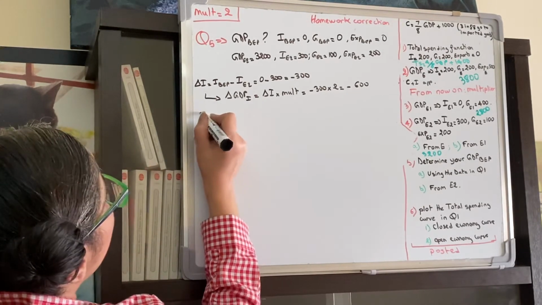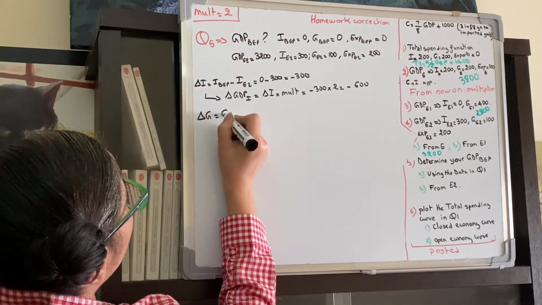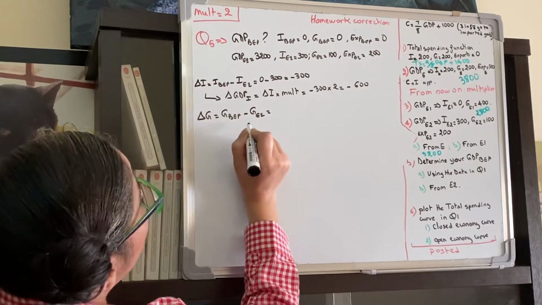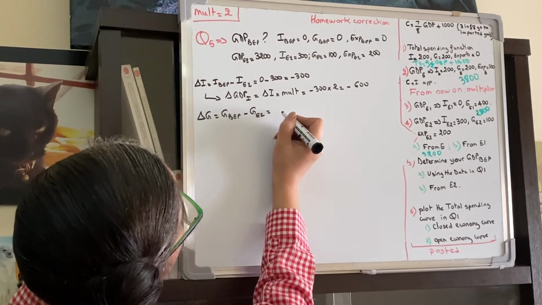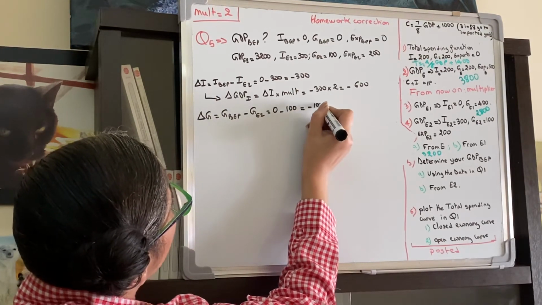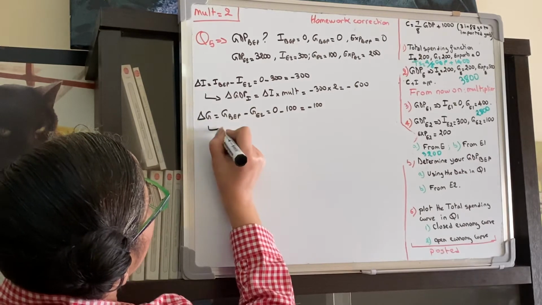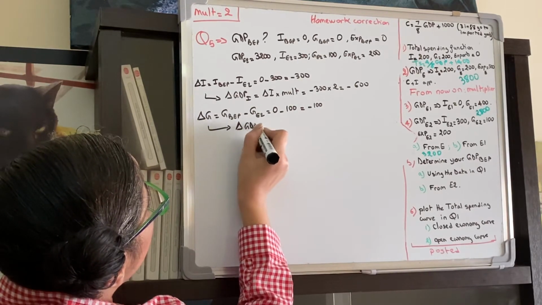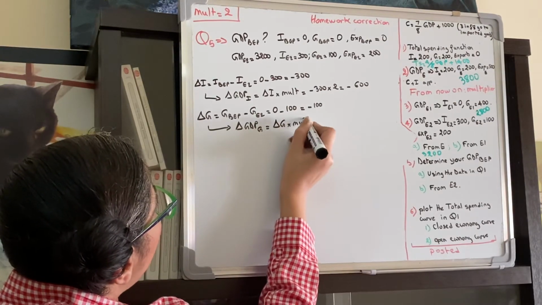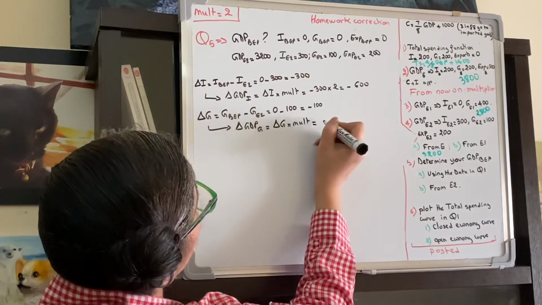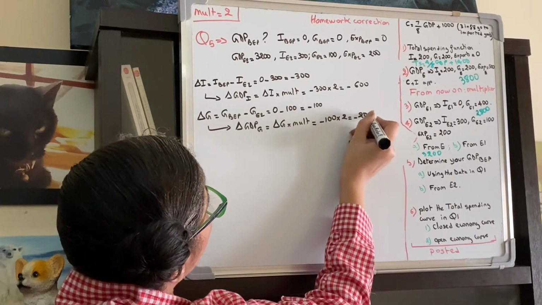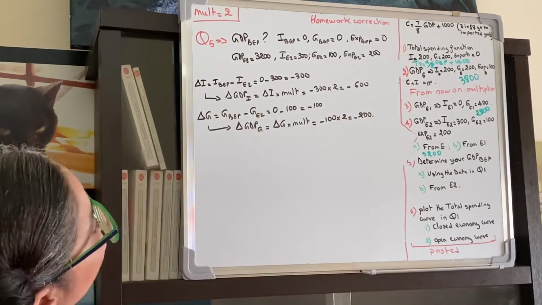Moving to delta G. Delta G is equal to G at BEP minus G at E2, which is equal to G0 minus 100, which is equal to negative 100. Now, delta GDP due to G is equal to delta G times the multiplier. Yes, you have to write it again, which is equal to negative 100 by 2, which is equal to negative 200. Okay, now we're moving to exports.